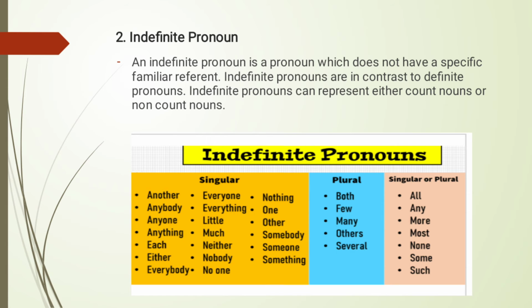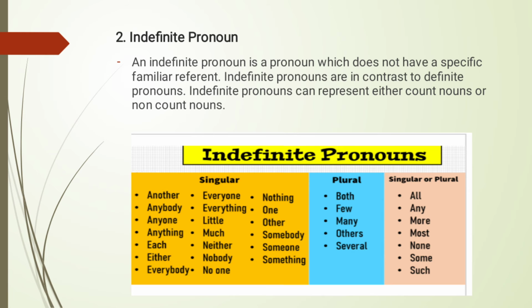The indefinite pronouns some, someone, somebody, something, or somewhere are used in affirmative sentences and in polite requests, also in offers and suggestions. For example, would you like to go somewhere this weekend? I would like to go somewhere this summer.